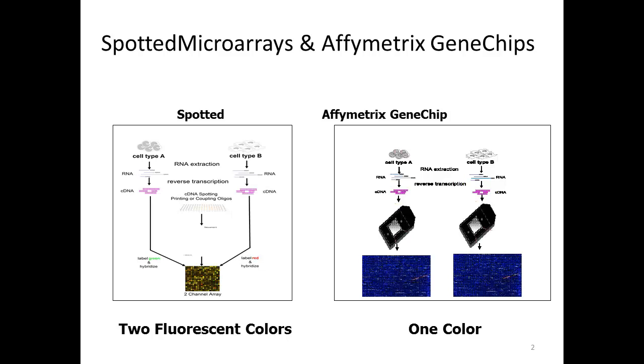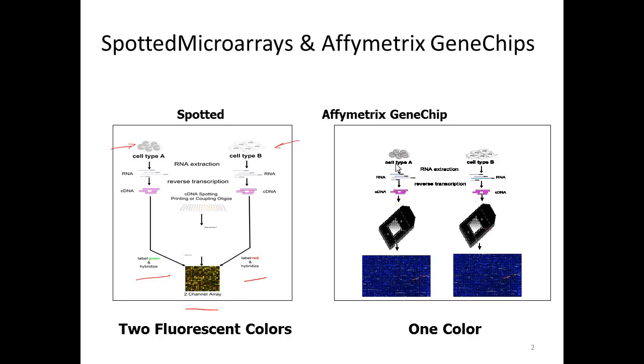So using either format, the goal is to compare two samples. For instance, an example may be a control cell sample and a diseased sample. But we'll do it in different ways. In the case of spotted microarrays, we'll label one sample with one color, label the other sample with another color, mix them together, and analyze them on a single chip.